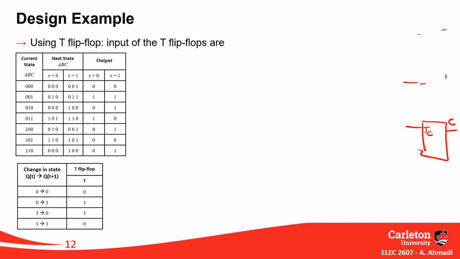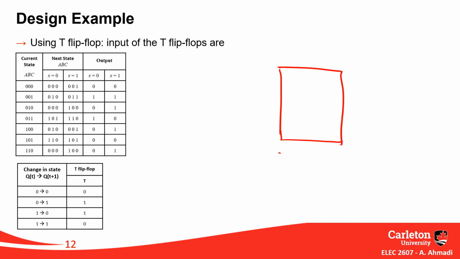To do so, I have to have 3 K-maps for TA, TB, and TC, and also another K-map for output, similar to the flip-flop as we had before. Here are my K-maps. Let's do one of them, and then I give you the solutions.